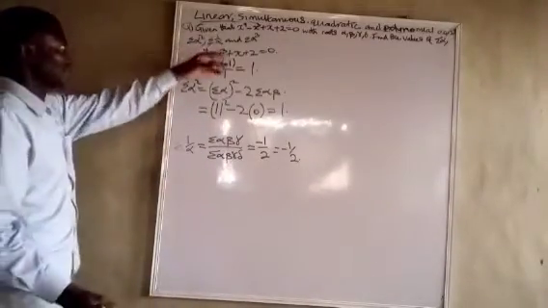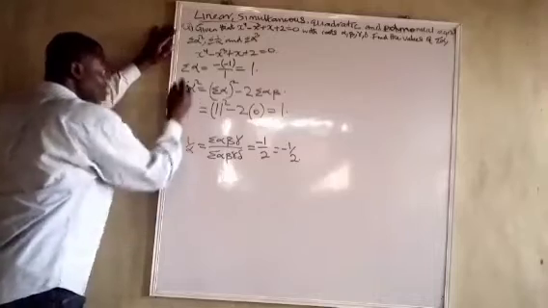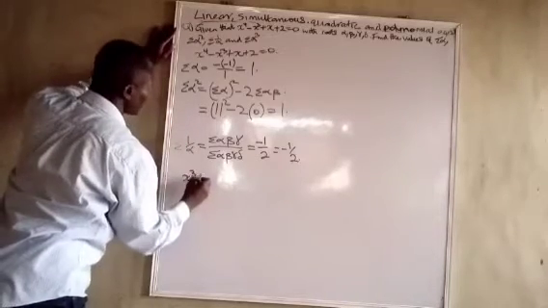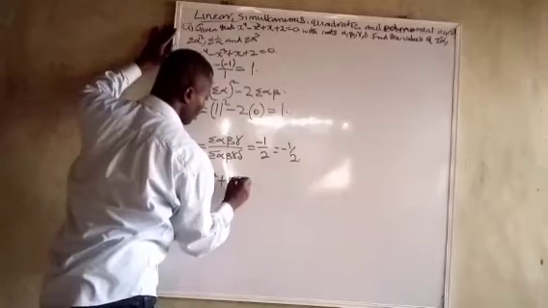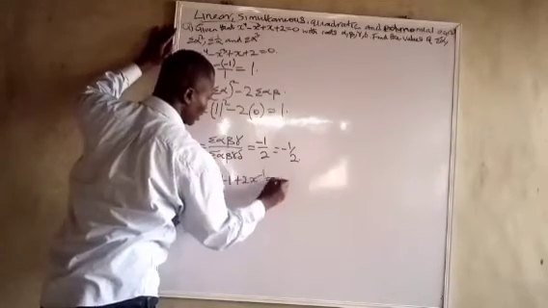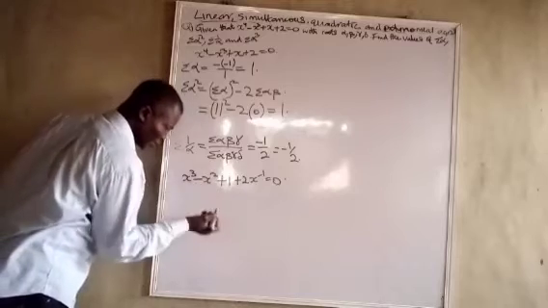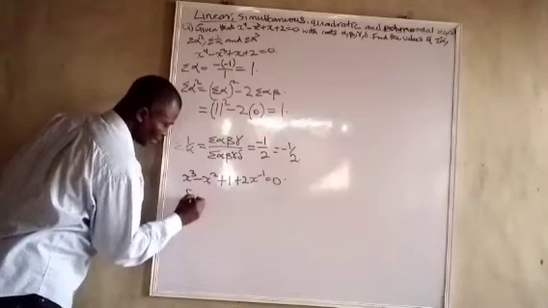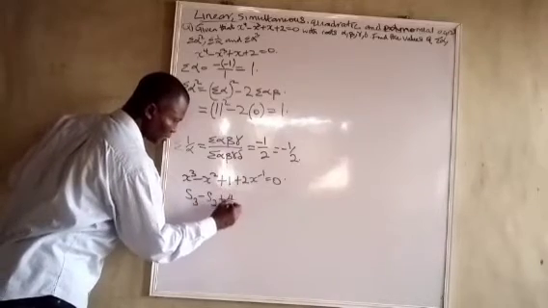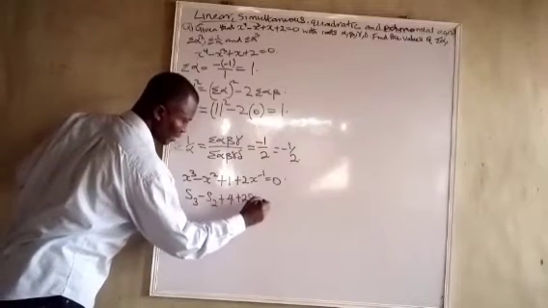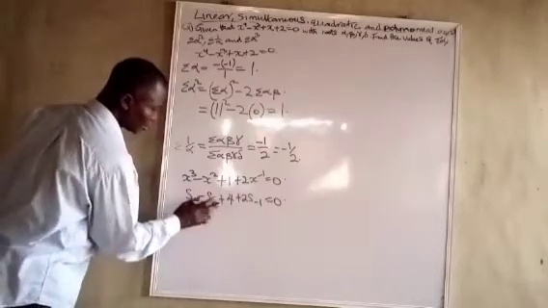Now let's use recurrence to get our S3, that is summation alpha cubed. Dividing by 2x, we are going to have x cubed minus x squared plus 1 plus 2x raised to the power minus 1 equals 0. Now, let's express in terms of S, the sum of the roots. So this is going to be S3 minus S2 plus 4 plus 2S minus 1. And we know our S2 and S minus 1.